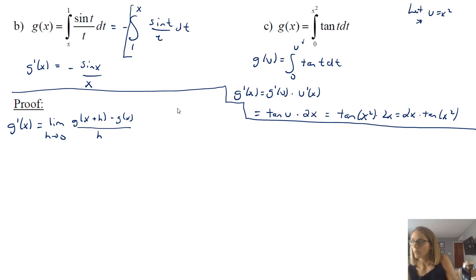Now I'm going to rewrite this using the definition of g of x, which is given in the first part of the fundamental theorem.